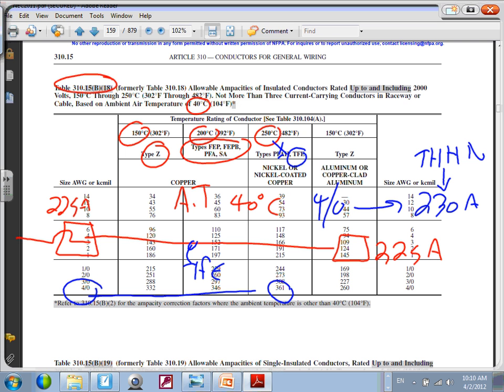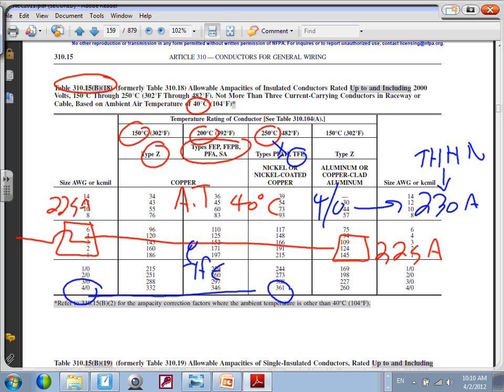TFE conductor, 4-aught, can give me 225 amp at both ends, so the lugs are okay. And in between, it's rated for 361, and it's rated for 40, so I don't need to do derating.